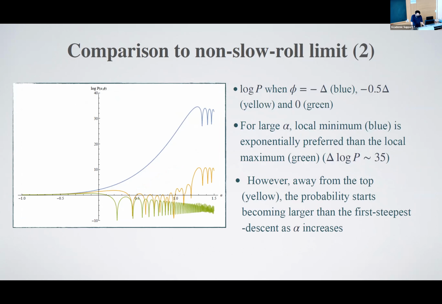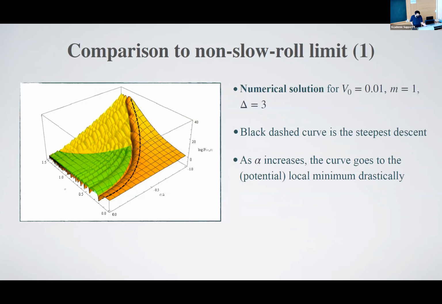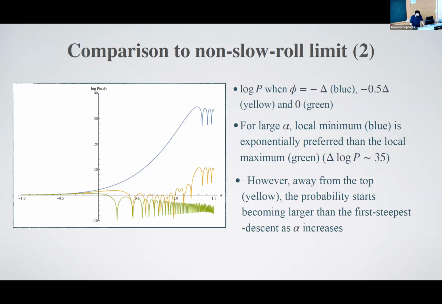This is the same plot, just some pi slices of it. The blue curve is for pi equal to minus delta, the yellow curve is for pi equal to minus 0.5 delta, and the green curve is for pi equal to 0.